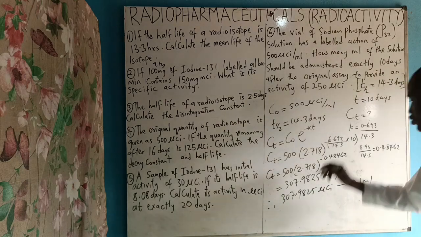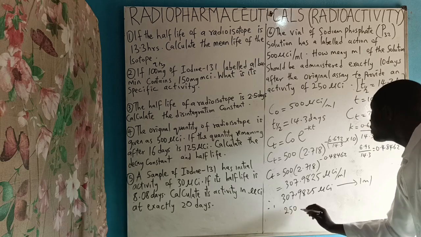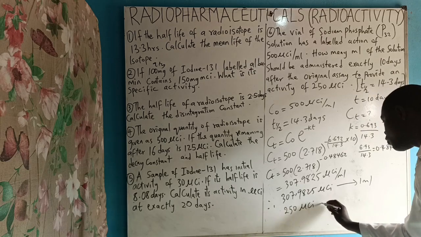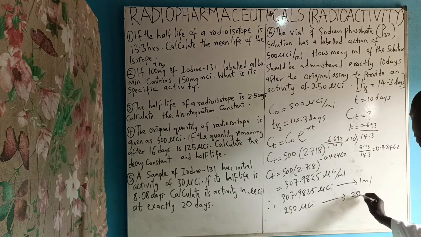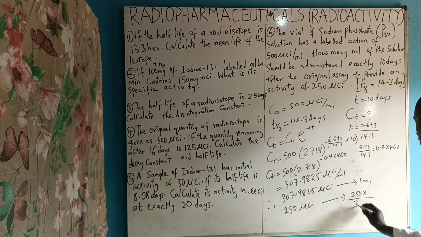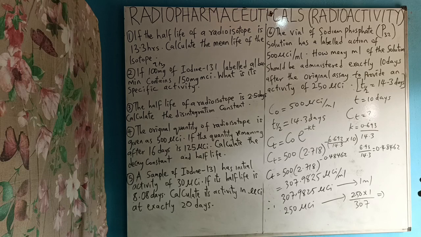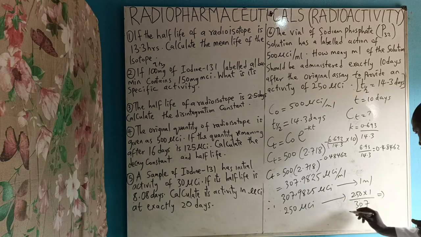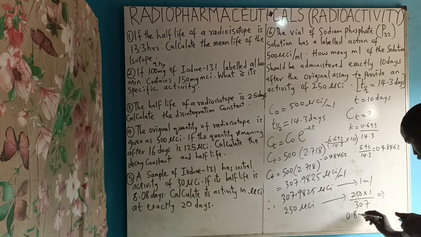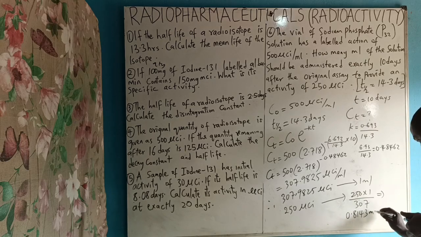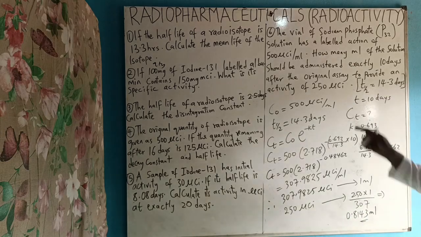Therefore, 250 microcurie will be equal to 250 times 1 all over 307.9825. 250 divided by 307.98 will be giving you 0.8143 ml. So that is the volume you need.